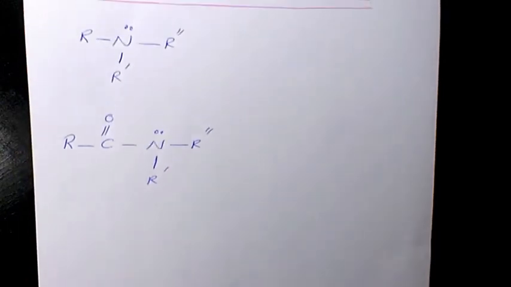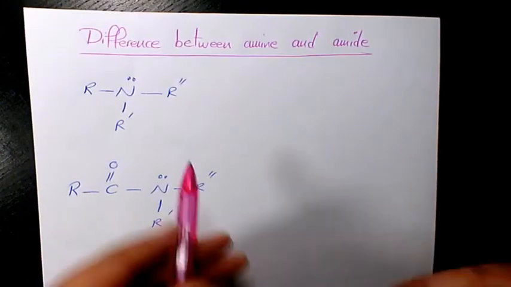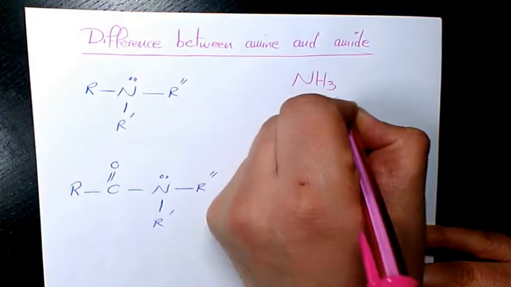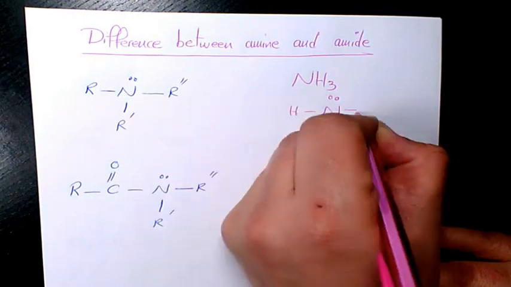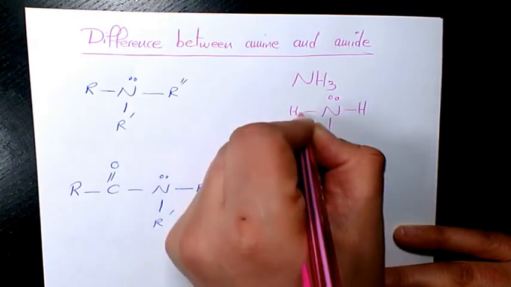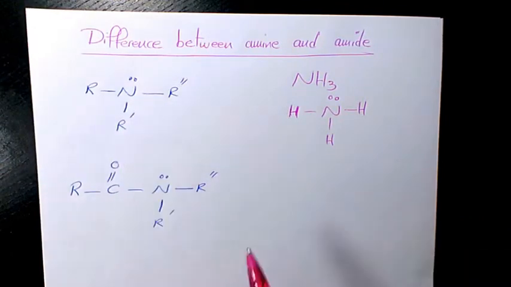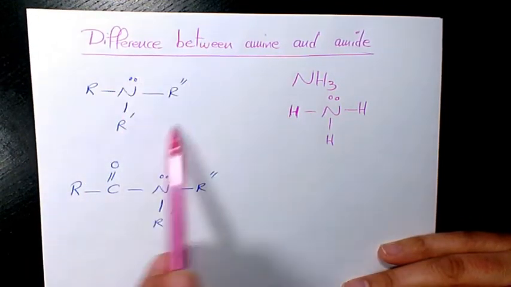Now let's see what's the difference between amine and amide. Amine comes from ammonia. Ammonia is NH3. And when one or more of these hydrogens is substituted with an alkyl group or aryl group, we're dealing with an amine.